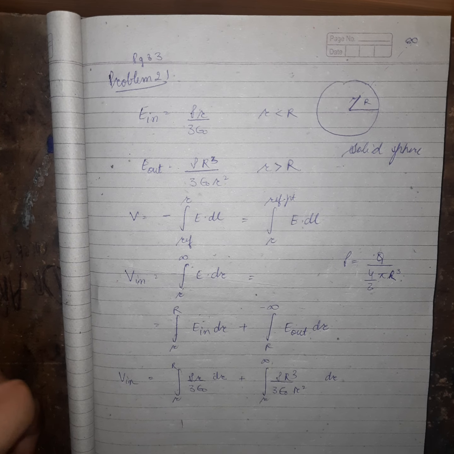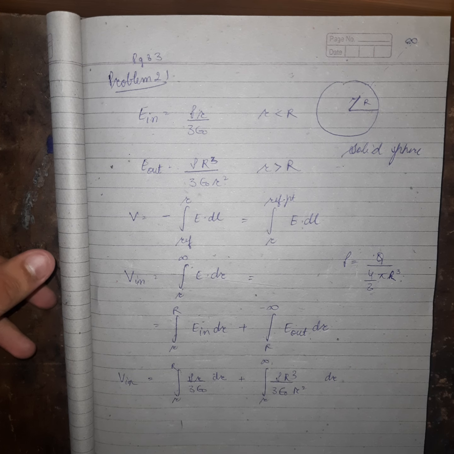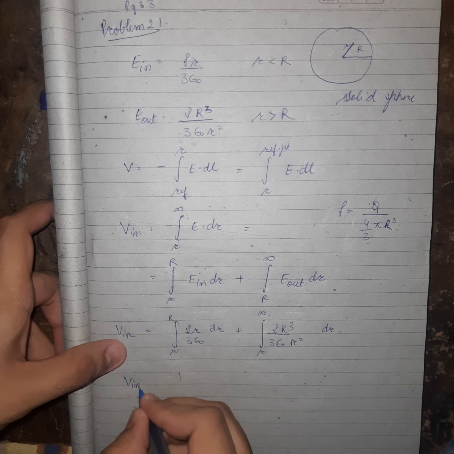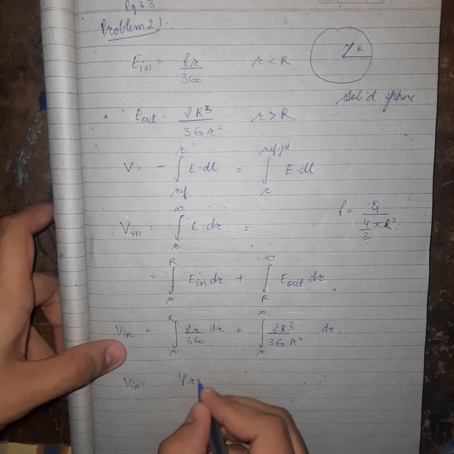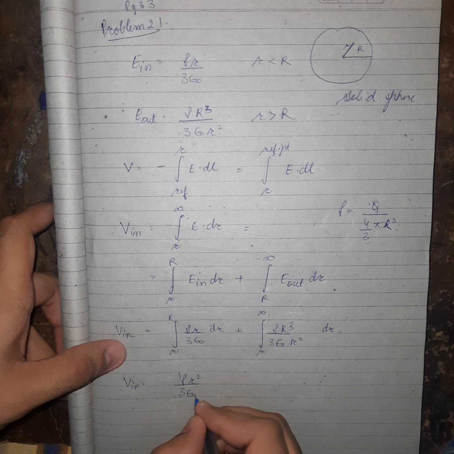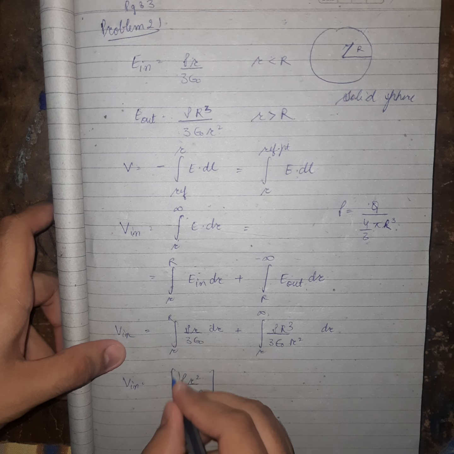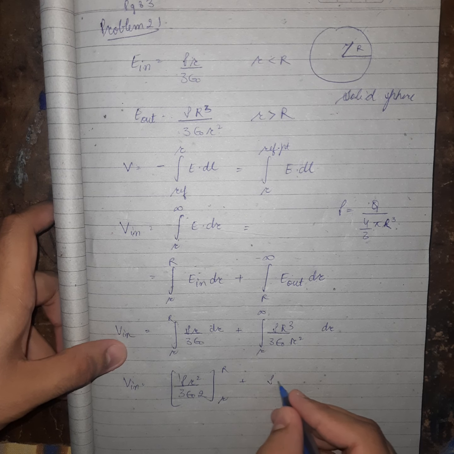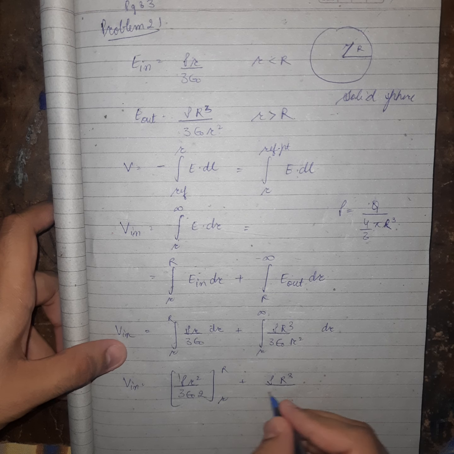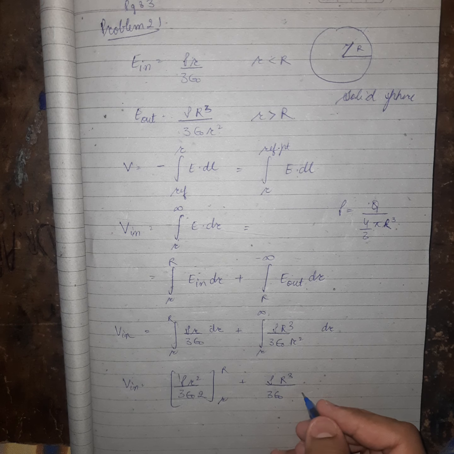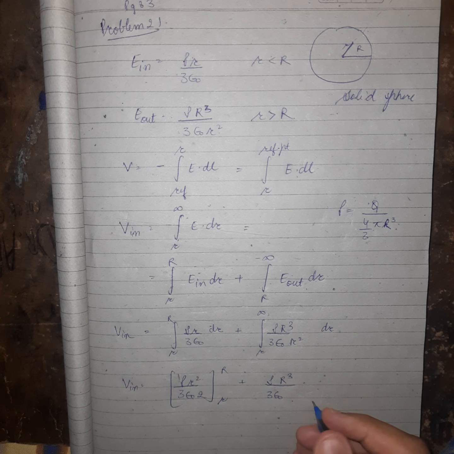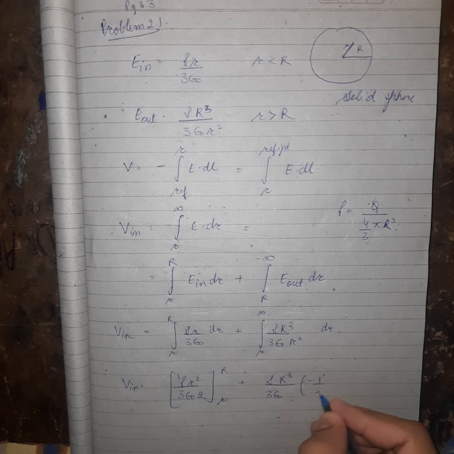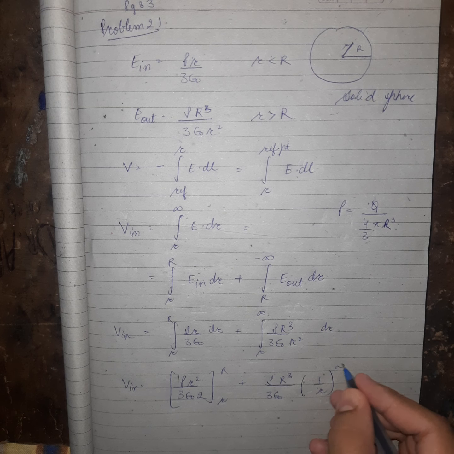So now V in comes out to be rho r square by 3 epsilon naught into 2, limit from r to R, plus rho R cube upon 3 epsilon naught, and we know that on integrating 1 by r square we get minus 1 by r, limit R to infinity.